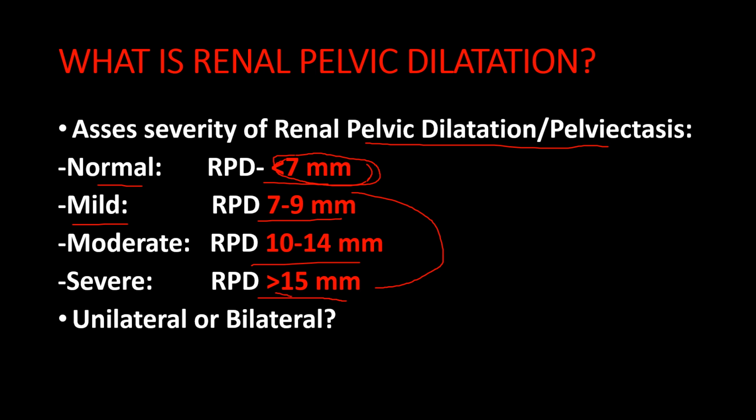But if it is more than 15 mm, their management is different. In the exam scenario you will find only 10 mm, 15 mm or 14 mm. By this you should know how to discuss with the role player.